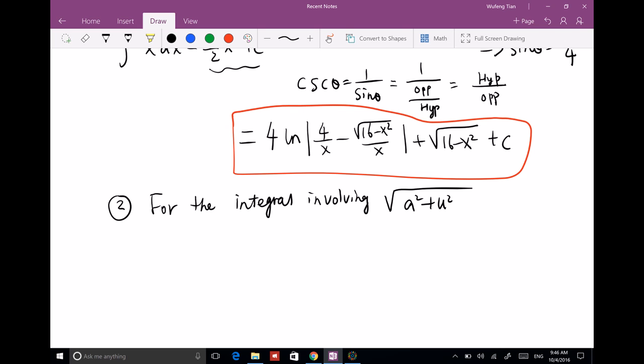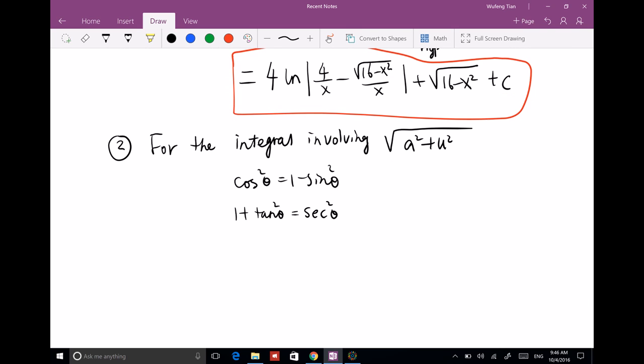Now I still give you the identities. Cosine theta squared equals 1 minus sine theta squared. Now 1 plus tangent theta squared equals secant theta squared. Okay, so now I still want to ask you a question.